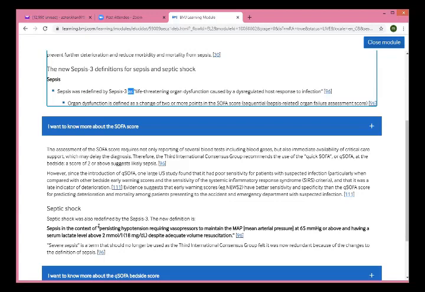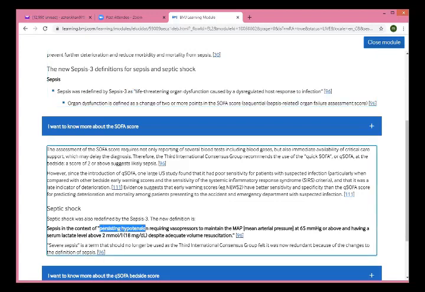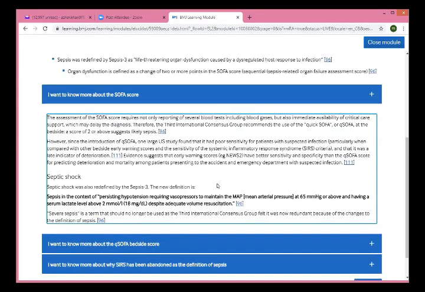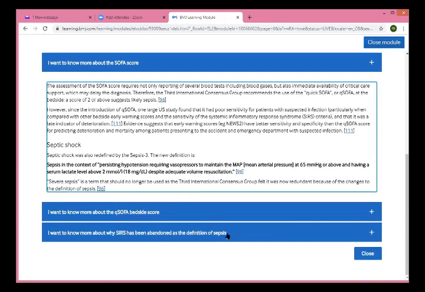Septic shock is persisting hypotension requiring vasopressor to maintain the mean arterial pressure at 65 or above and having a serum lactate level of more than 2 despite adequate volume resuscitation. Severe sepsis is a term that should no longer be used. The third international consensus group felt it was now redundant because of the changes to the definition of sepsis.